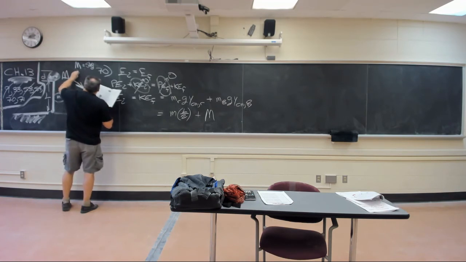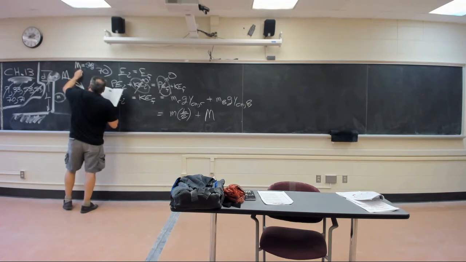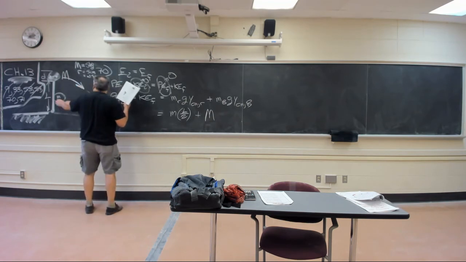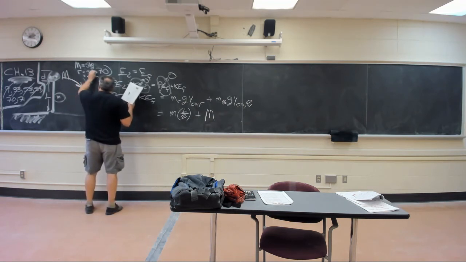The radius of the ball is 5 centimeters, 0.05 meters. The length of the rod is 15 centimeters.